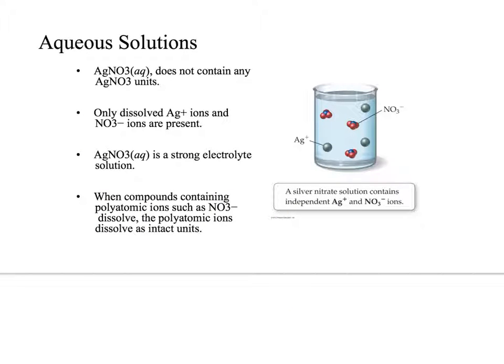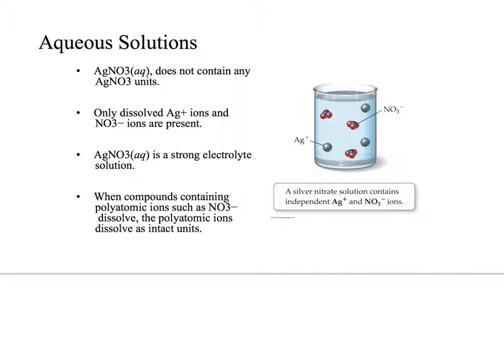Let's look at another example of an ionic compound that dissolves in water to make an aqueous solution. Here we have silver nitrate, and silver nitrate contains positive silver ions, and that's the metal part of this ionic compound. And then the nitrate is the polyatomic ion, and it is the negative ion. So you can have ionic compounds that contain polyatomic ions, and when they dissociate in water, you can see that the silver and the nitrate dissociate, but the nitrate stays as a complete unit.